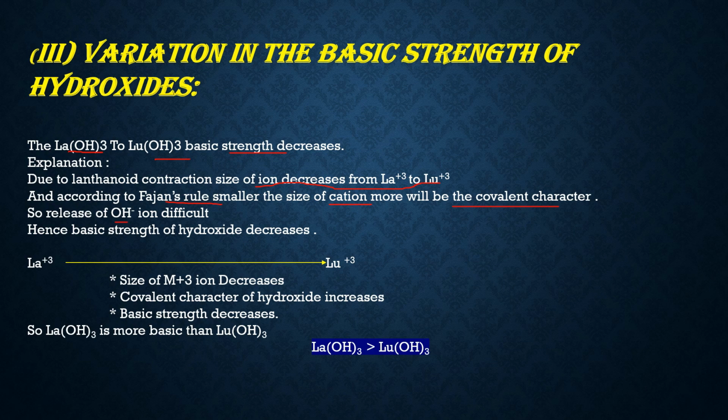So the release of OH minus ion becomes difficult. Hence the basic strength of hydroxide decreases. In short, from lanthanum +3 to lutetium +3, the size of M +3 decreases, the covalent character of hydroxide increases, and the basic strength decreases. So you can say that lanthanum hydroxide is most basic and lutetium hydroxide is least basic.